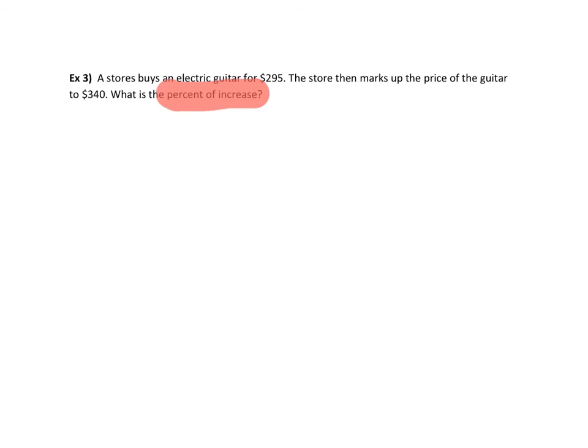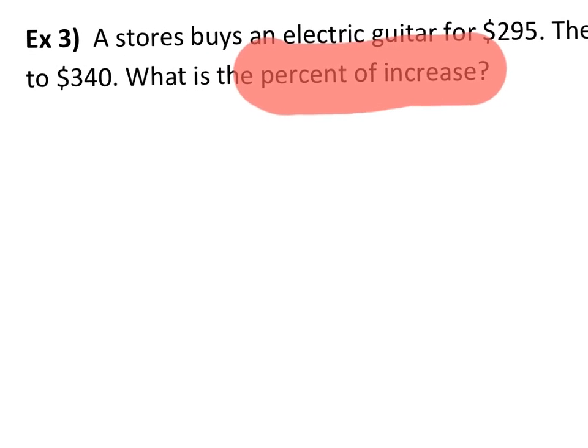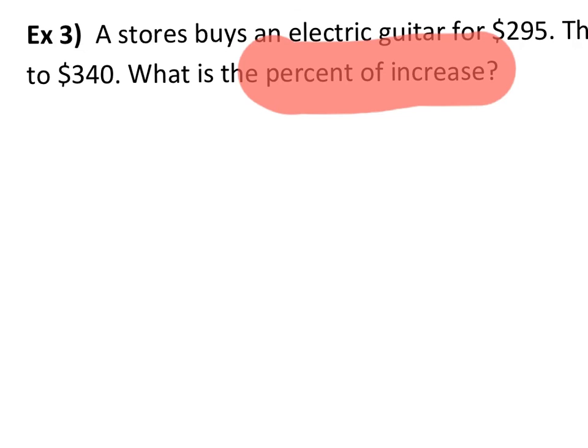So the first thing I'm going to do here, let's zoom in, is we're going to subtract, and we're going to take the 340 minus the 295, so we get 45 on top, divide by the original price of the guitar, which was 295, equals x over 100.